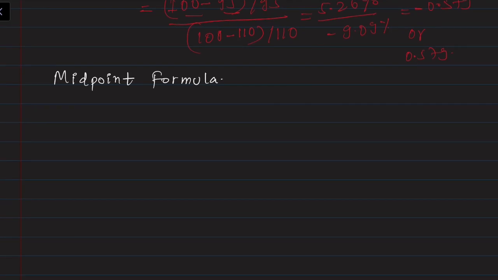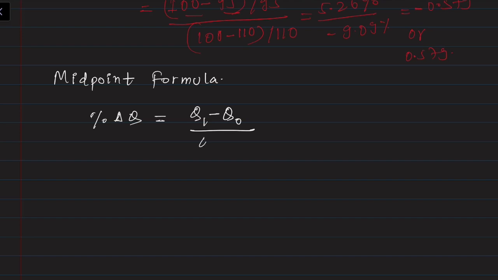Okay, so the formula is, for the numerator, percentage change in quantity, we write Q1 minus Q0, and we take the average of both quantities, so that we do not have to worry about which one is the first quantity and which one is the second quantity.